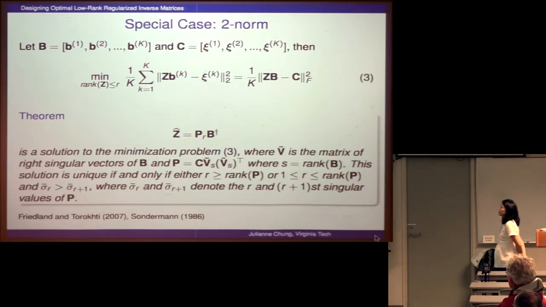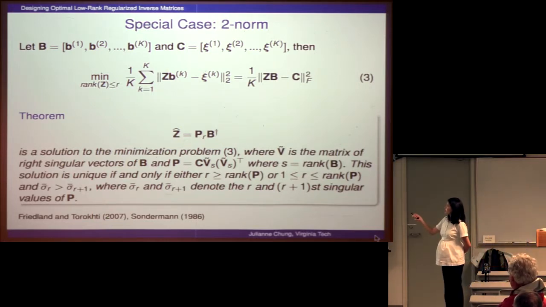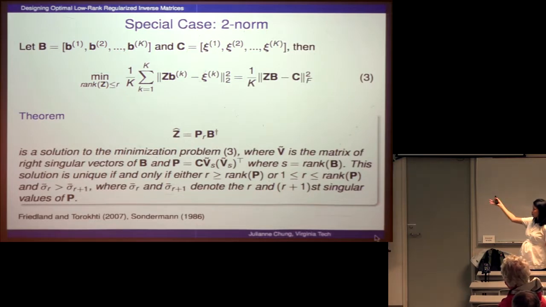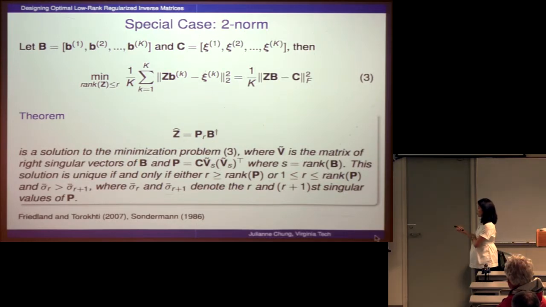And it says that the solution to this problem here can be written as this PR times the pseudo inverse of B. So essentially using the singular value decomposition to write down the solution. And so we actually looked at using this type of approach for the 2-norm case. For small to moderate sized problems, it works. For large scale problems, we actually suggest using the update approach because computing these SVDs can become very difficult.